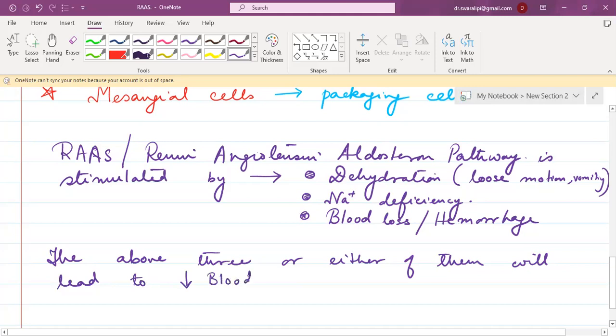Do you agree? Because the fluid is decreasing in your body, it will affect the blood, because the maximum portion of your blood plasma is composed of water. So if your water level is decreasing, it will affect your blood volume.